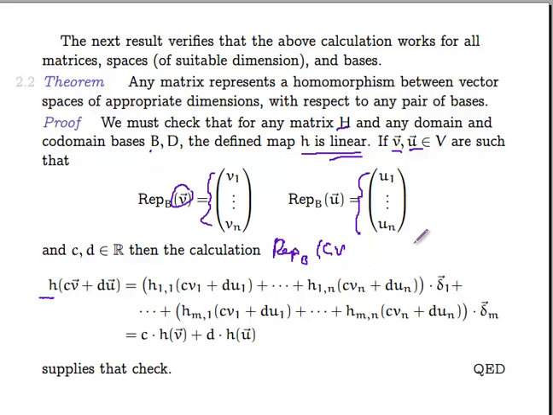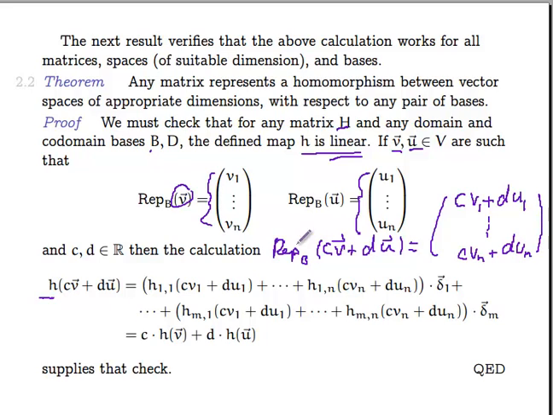Okay, rep B of CV plus DU is equal to, well, it's going to be CV1 plus DU1 all the way down to CVN plus DUN.